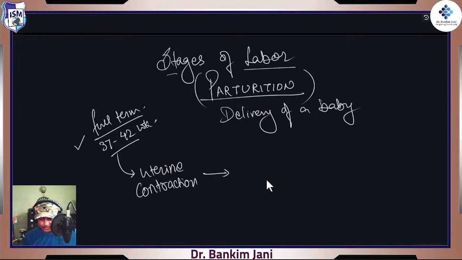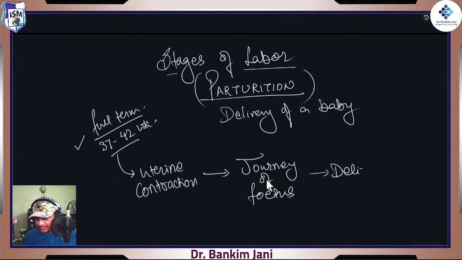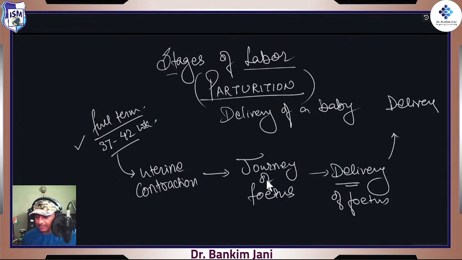This is just to highlight uterine contractions, and then starts that final journey of the fetus for this world. Then there would be delivery of the fetus, and then back to back delivery of the placenta, because that placenta is now no more needed. So this would be the entire process.